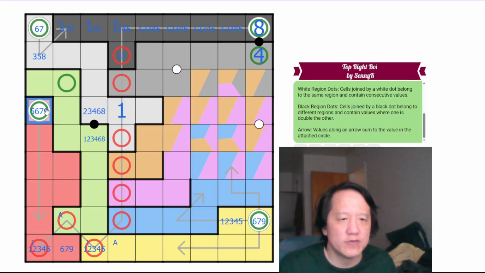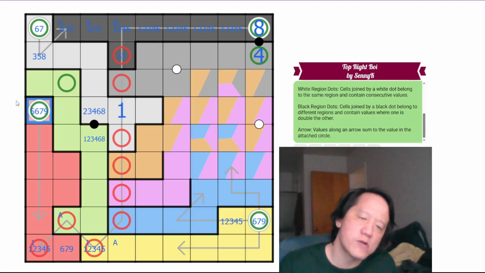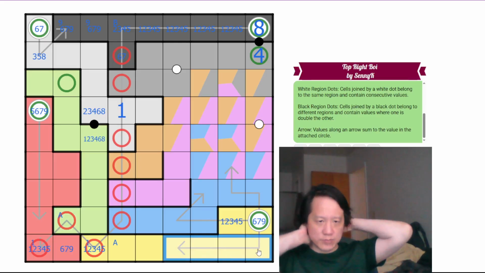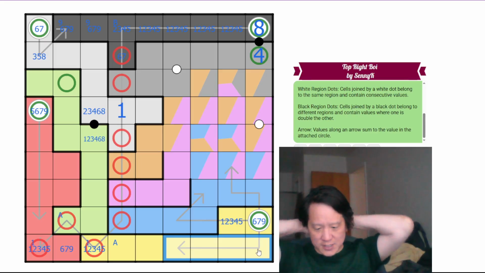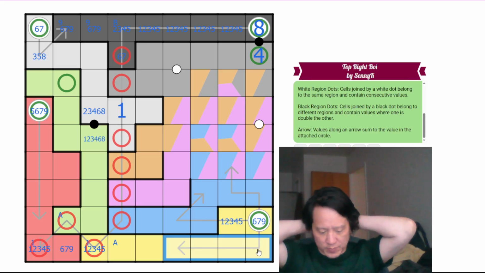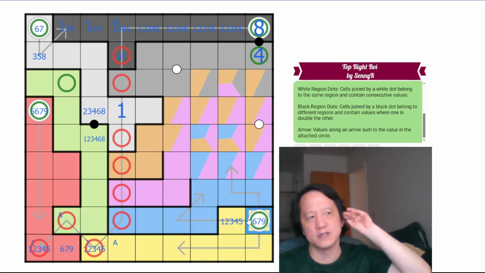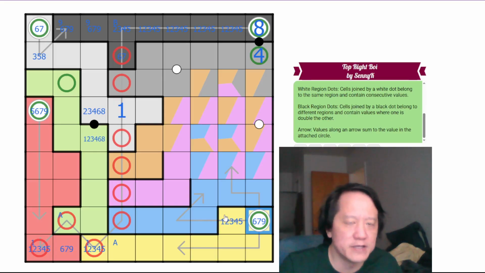You could have 9 doubled there. What does this add up to? 6 doubled would be 12, but it would have to be 1, 2, 4, 5 because we'd have a guaranteed 6 there. So that doesn't work.